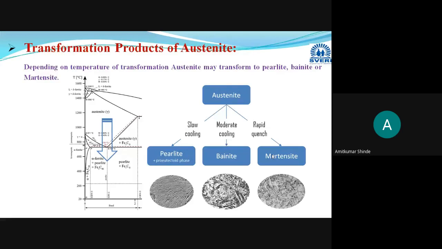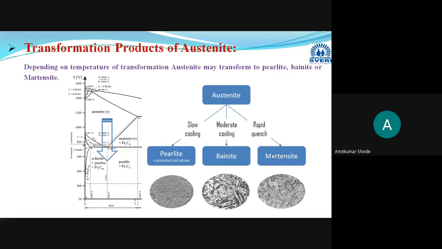If you have completed the drawing of this chart, let me know. Okay, austenite has an FCC crystal structure.